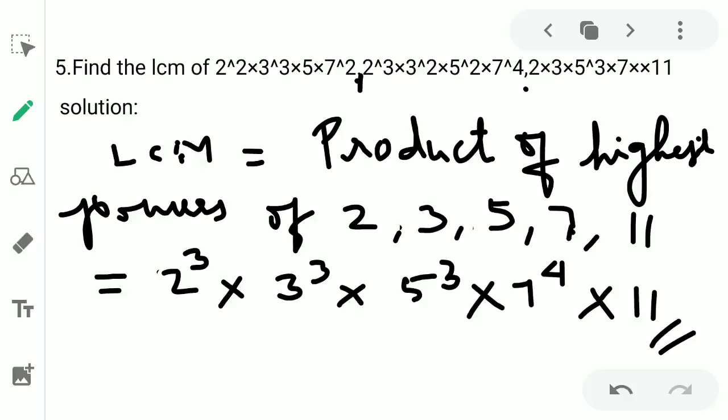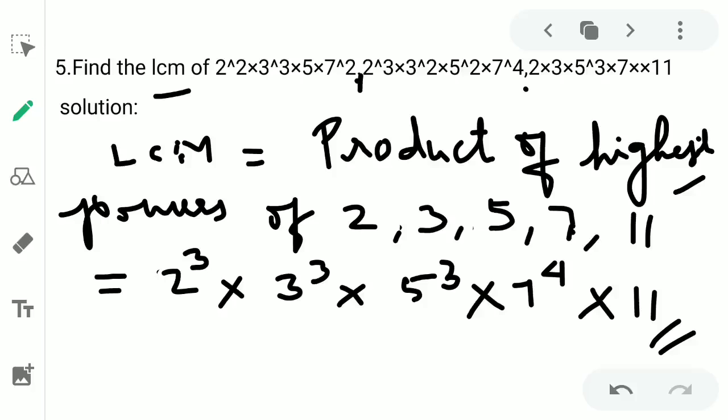So they have asked to find the LCM. LCM equals the product of the highest powers. Actually for HCF we have to take the least powers, but for LCM, the product of highest powers of 2, 3, 5, 7, 11.